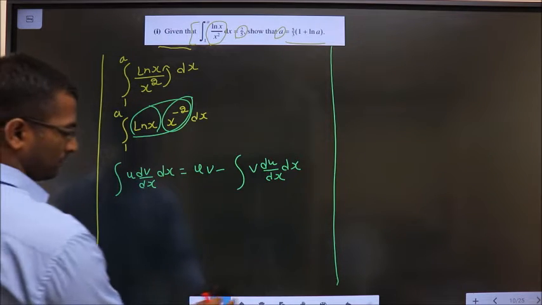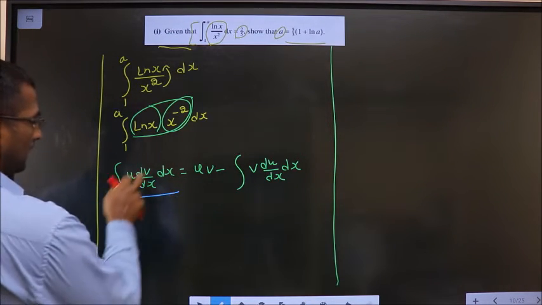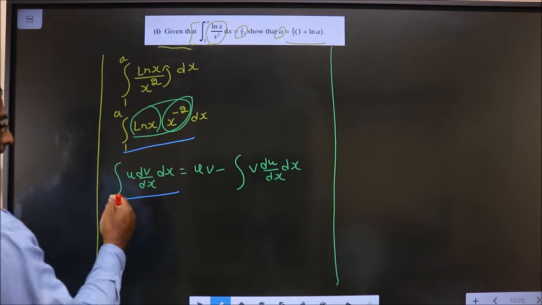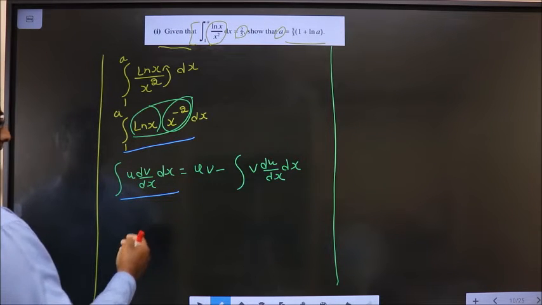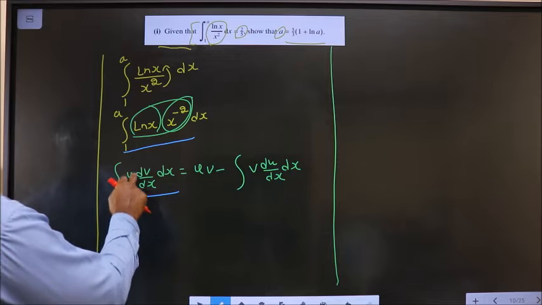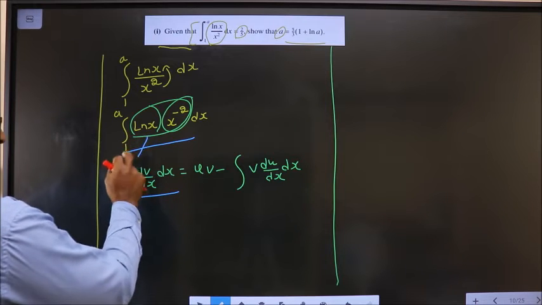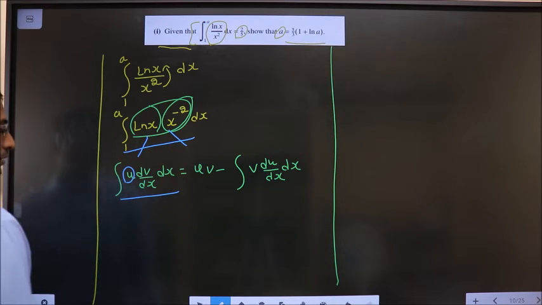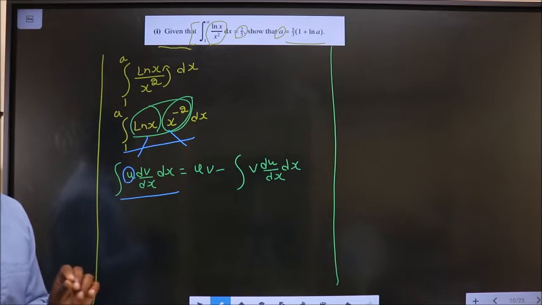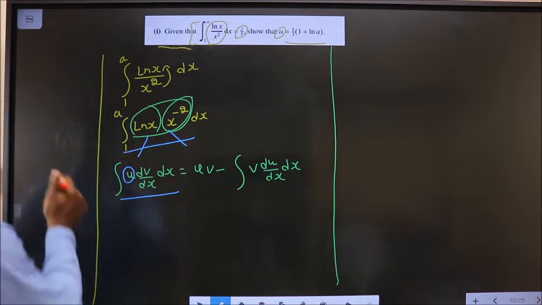Now, I need to equate these two. When I equate, the doubt arises, which one shall I take for u? Shall I take this one to be u or this one to be u, is the question. That is cleared by the word ILATE.